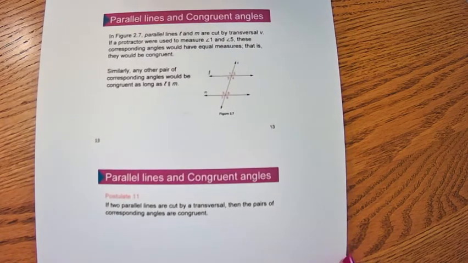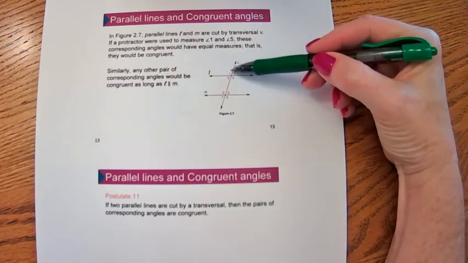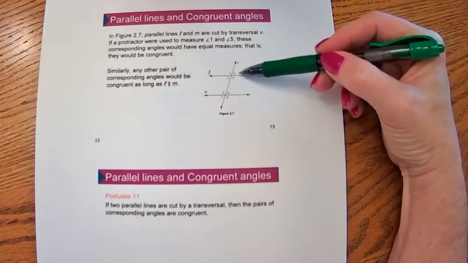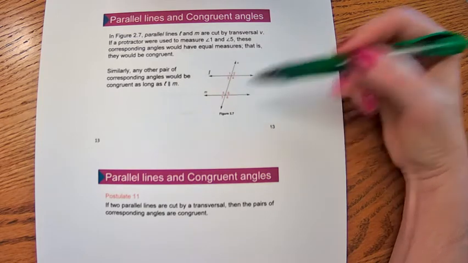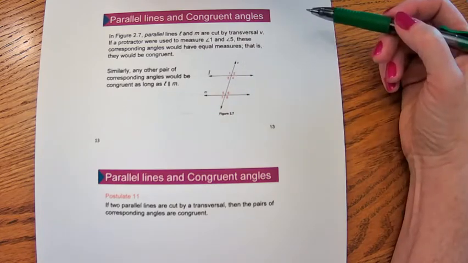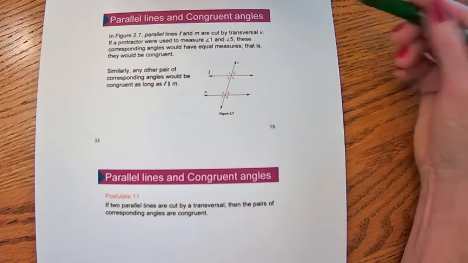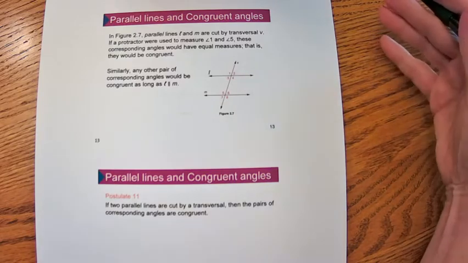What if the parallel lines are cut by a transversal? We still have these 8 angles that get created, and we can either call them corresponding or alternate interior or alternate exterior. We could call them same side interior. But certain relationships will hold when the lines that are cut are parallel.